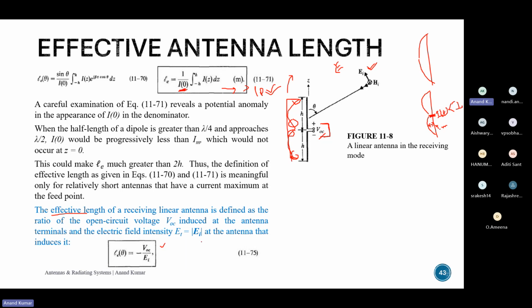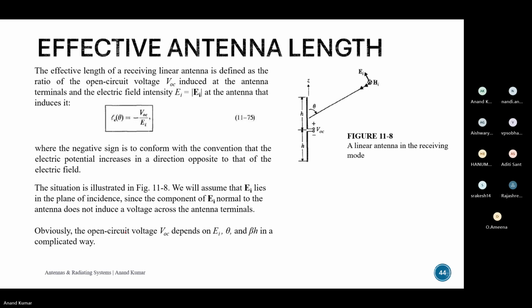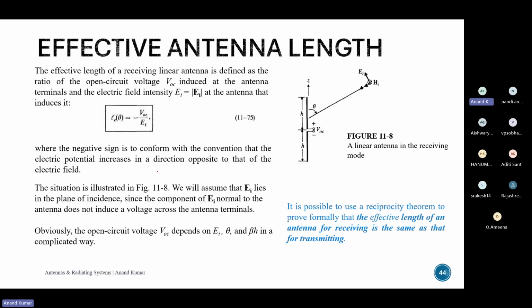So this is how we are defining the effective length. This is the new expression. For smaller antennas, this is the expression, but for bigger antennas, this is the expression. And okay, so that's about it, I think.